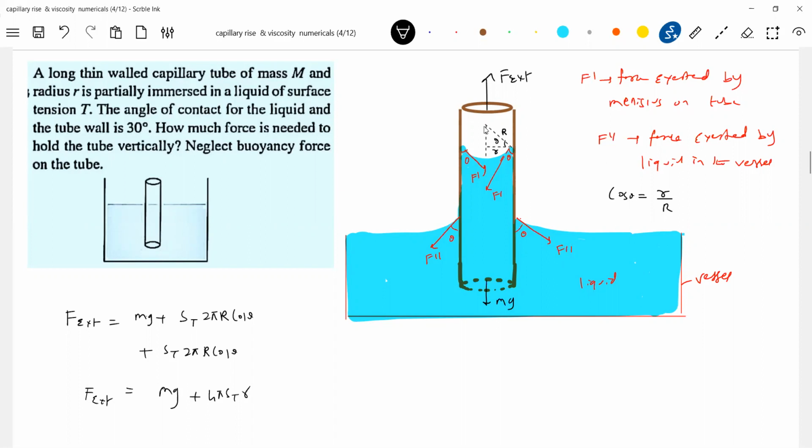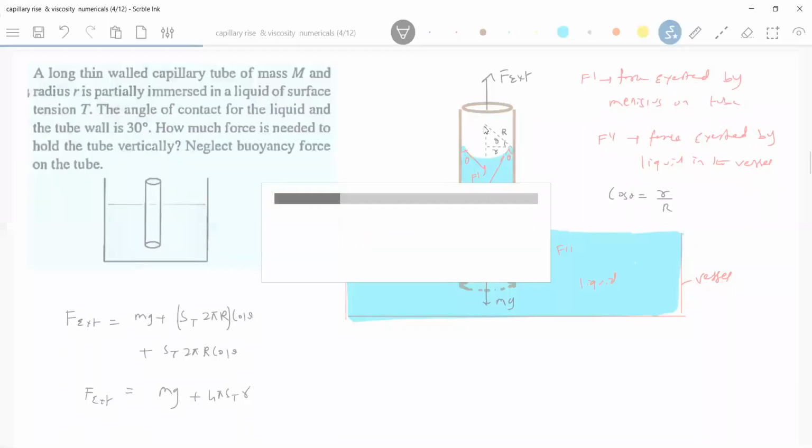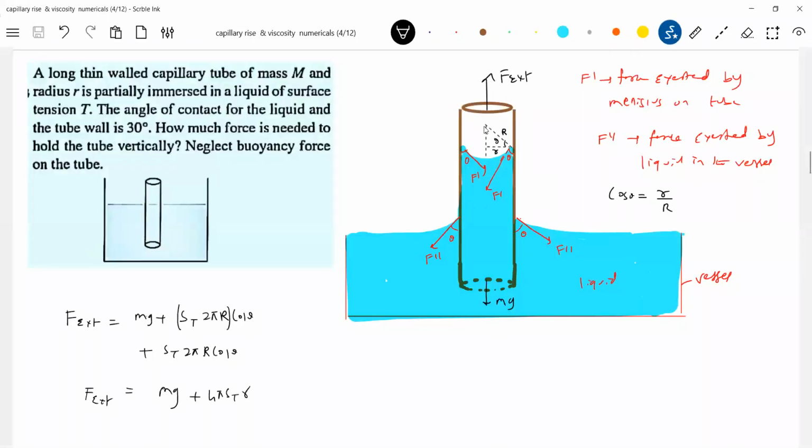Why r cos theta? Why is this the force, its component? Fine. So these are some conditions.